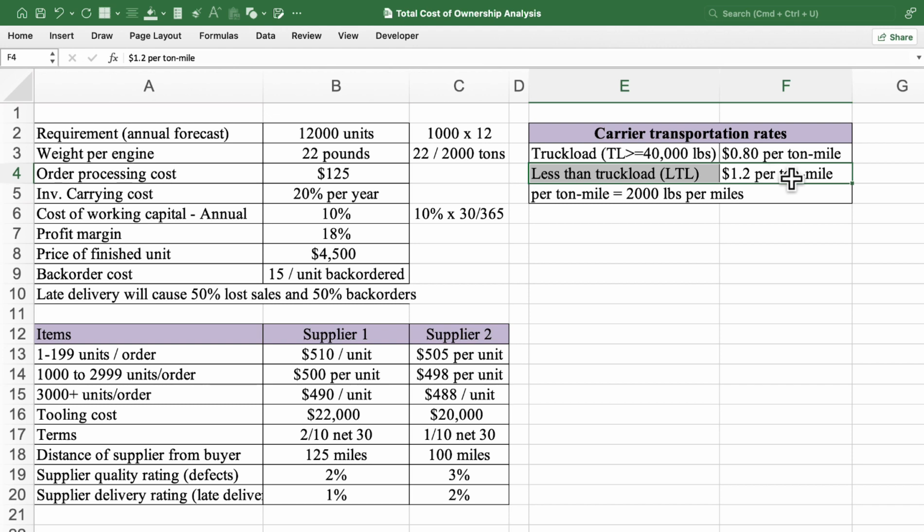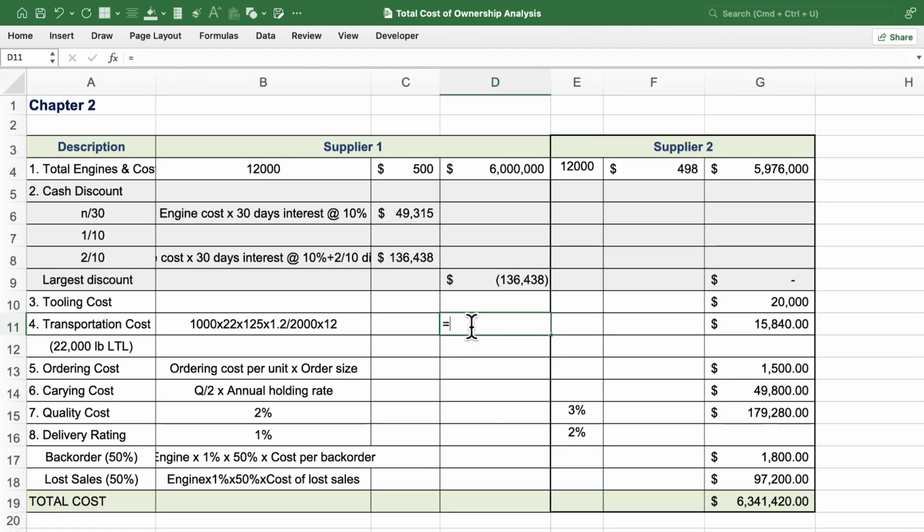$1.2 per ton miles. So our transportation cost will become order size, and they are ordering 1,000 engines. The weight of one engine is 22 pounds, so this becomes the weight of the shipment in pounds. So the weight of one shipment is 22,000 pounds. Next, we know that supplier 1 is 125 miles away.